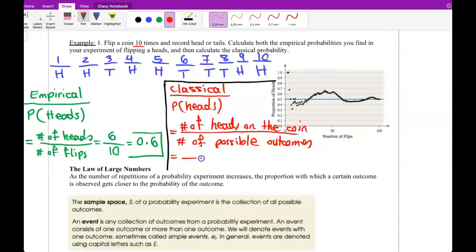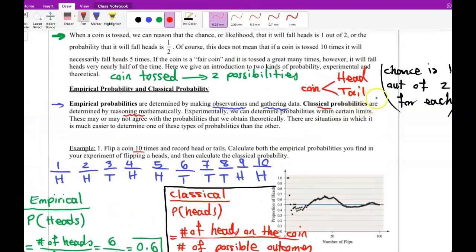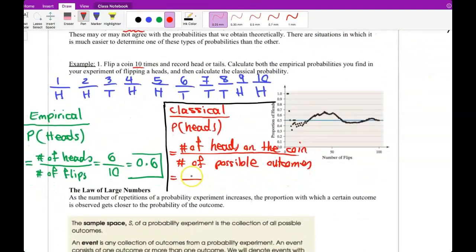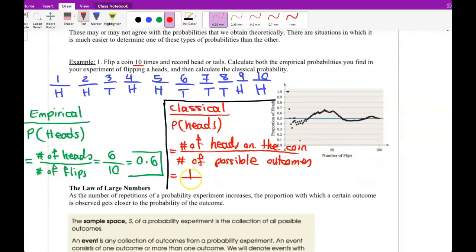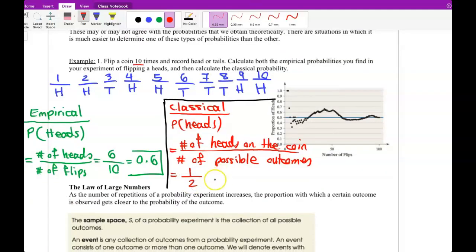That is equal to, for each one, chance is 1, and in total how many possibilities we have is 2. So that is 1 over 2, and that is 0.5.